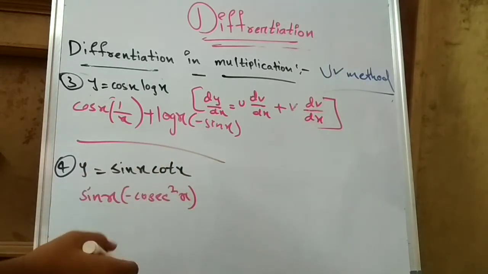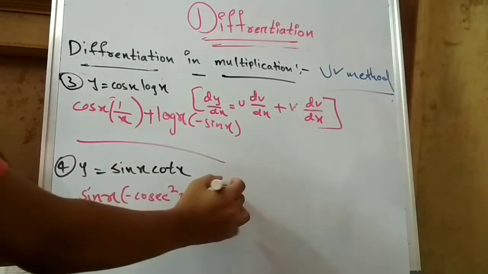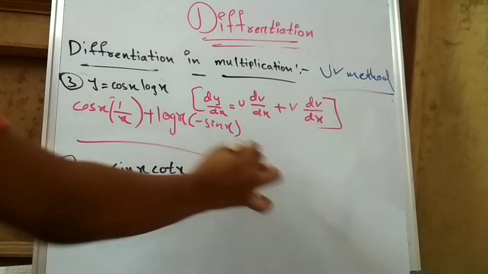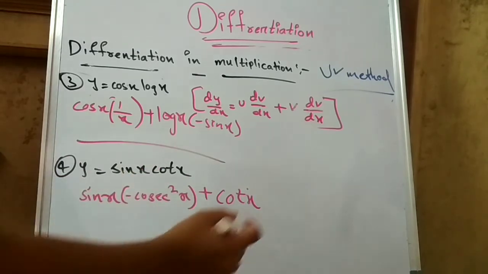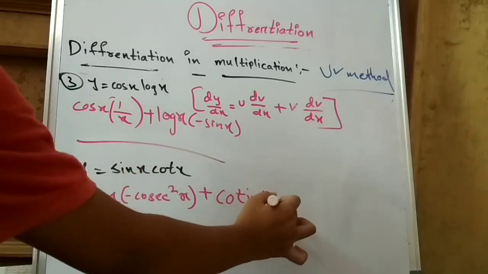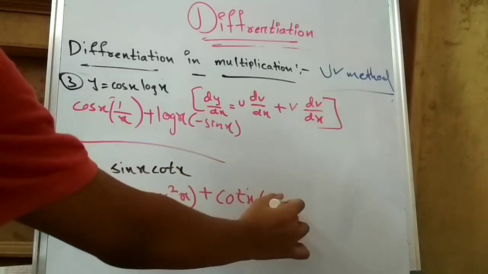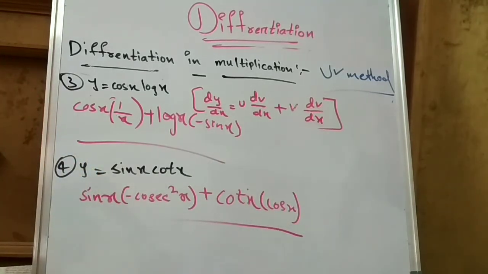Okay, now plus, now hold cot x, sin x means plus cos x, so cos x. This will be the differentiation. Easy, you understood differentiation in multiplication.